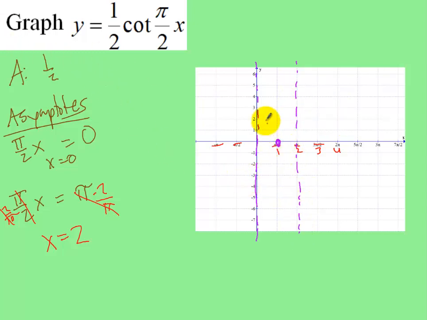So that's your x-intercept. And since the amplitude's 1/2, at the 1/4 and 3/4 points we're going to go up half of 1, so it'll be right there, and then down half, it's going to be right there. So if I want to draw that curve, hey, I'm getting better at these. More practice, hey. So that's one cycle of the cotangent function.